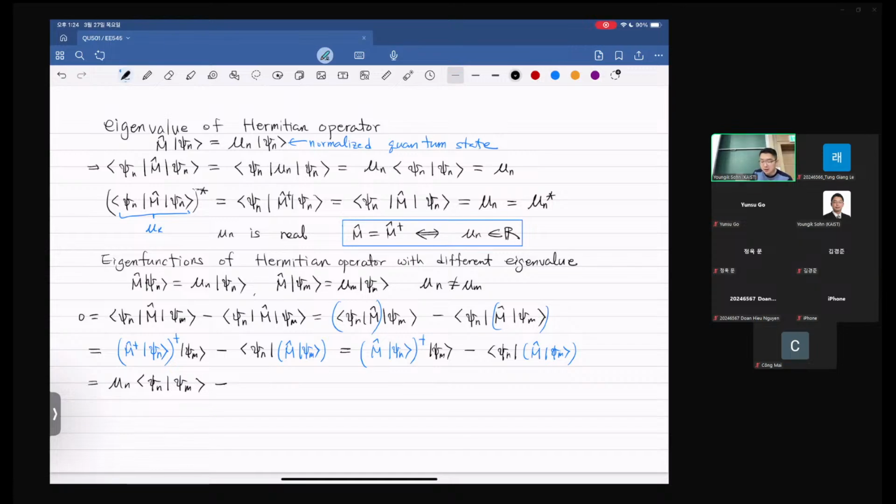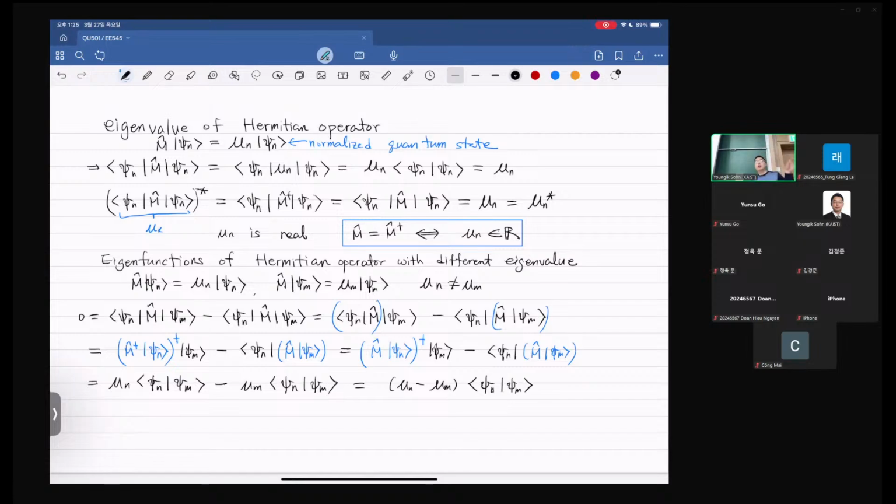And then the second term is simple, right? You apply M to psi m, you just extract mu m, so mu m times psi n psi m, right? So it's very simple, nice algebra. We started from something obvious, but actually you arrived here.